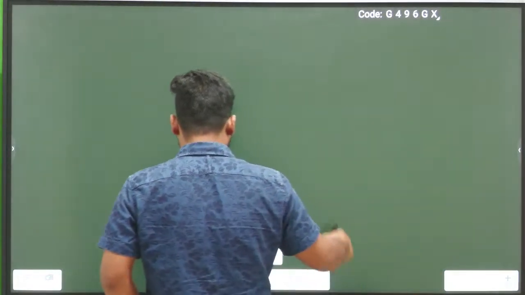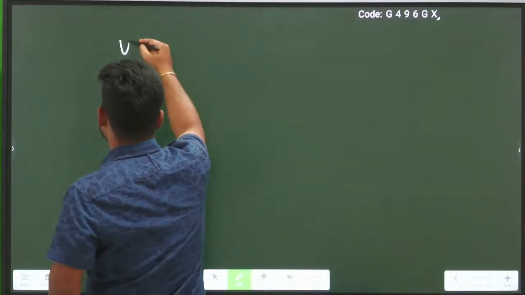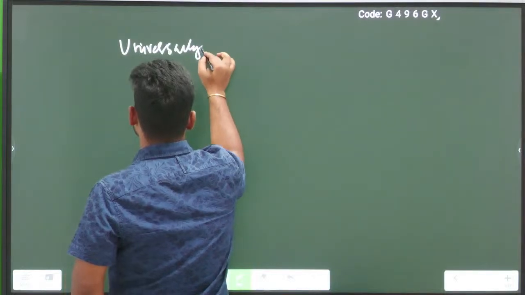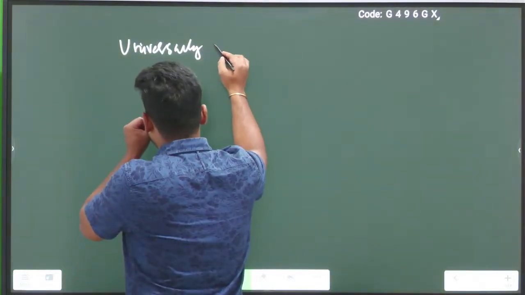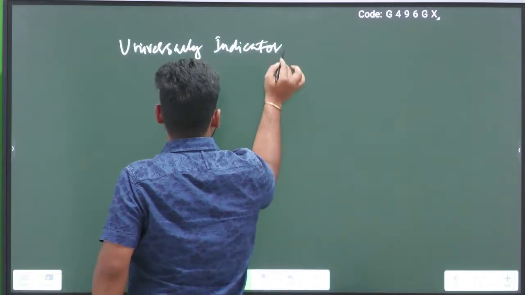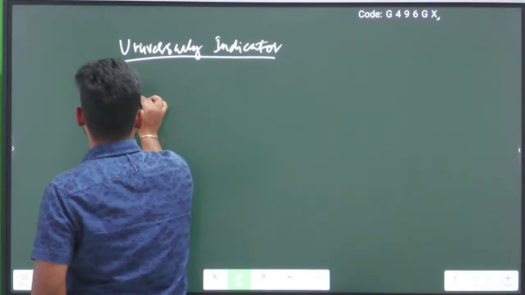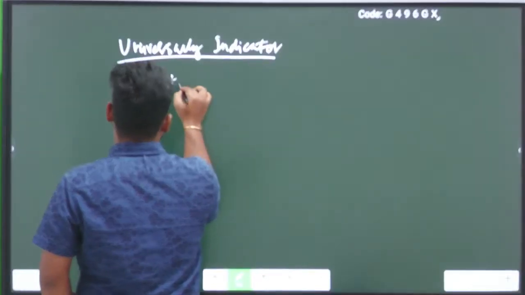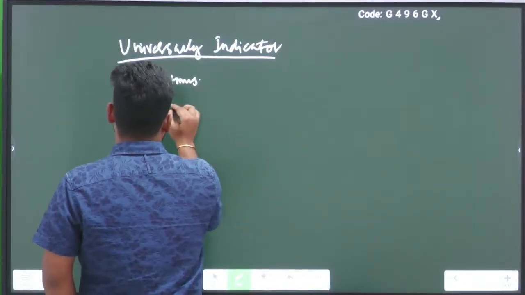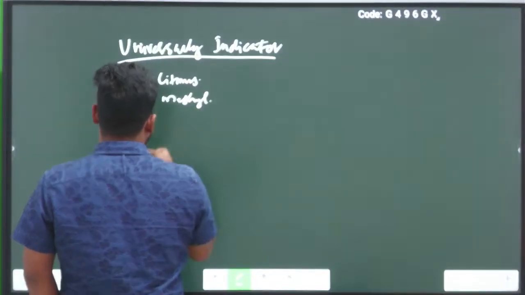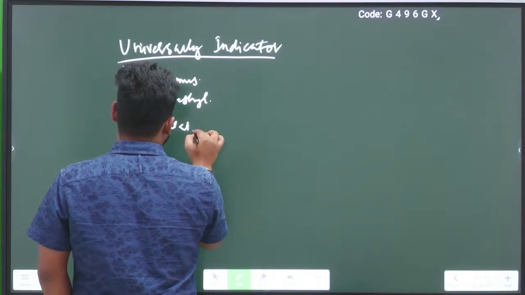Universal indicator means all the indicators which we use, they are universally recognized. So, universal indicators. You should mostly remember all these things. They are nothing but litmus paper, methyl orange type, and hibiscus natural indicators.